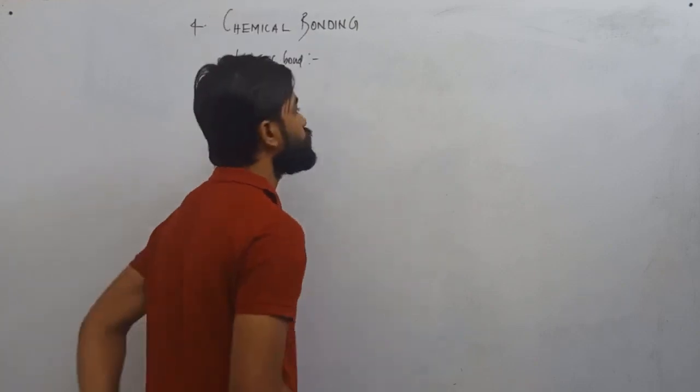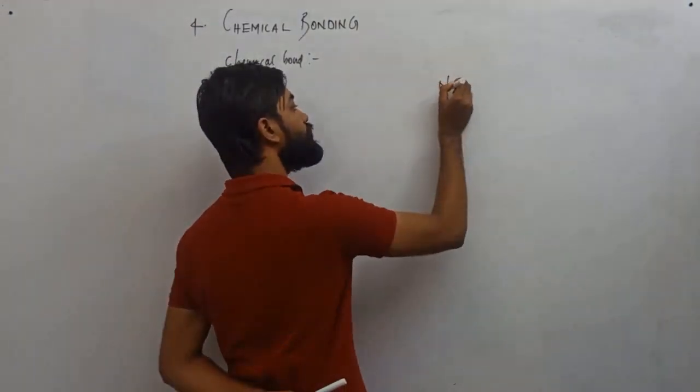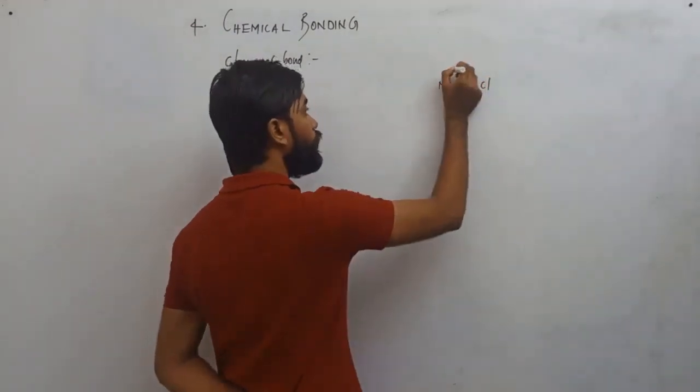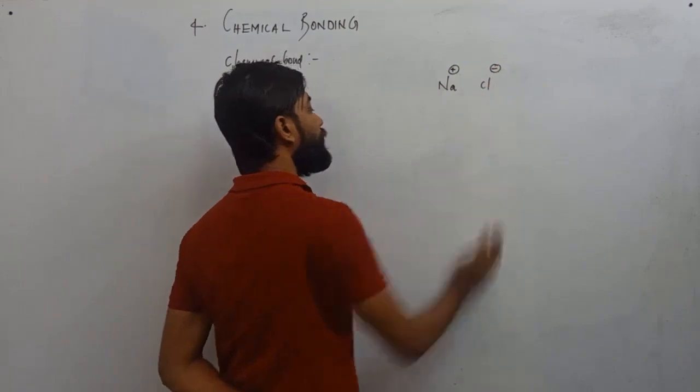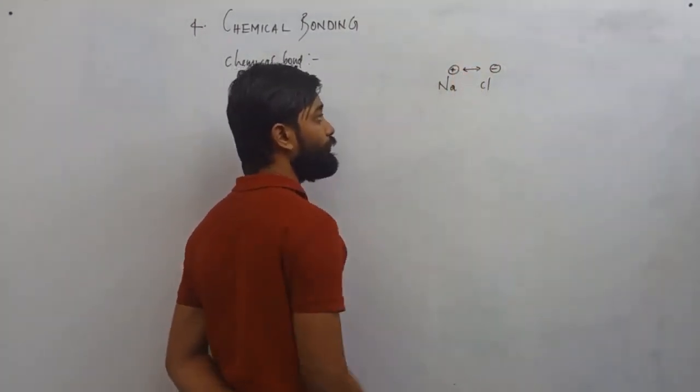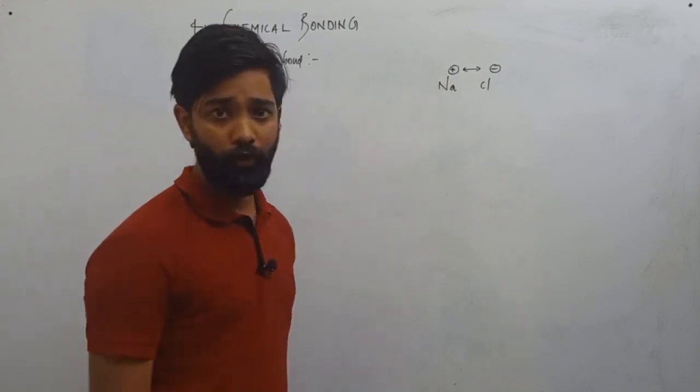That means if you have a chemical compound, say sodium chloride, we all know that between the Na+ and Cl-, there is some kind of force of attraction. That force of attraction is what we call ionic bonding.